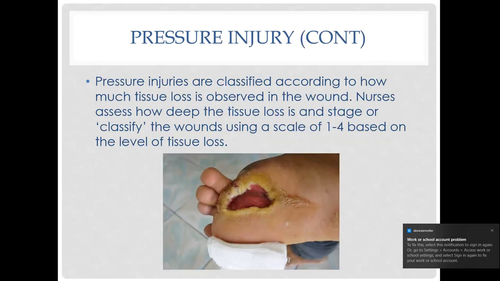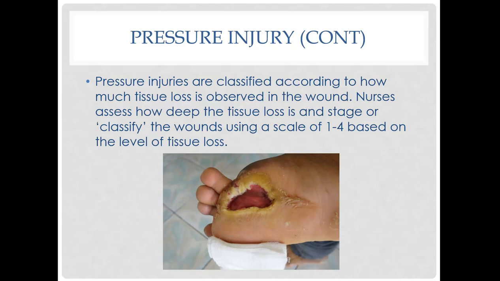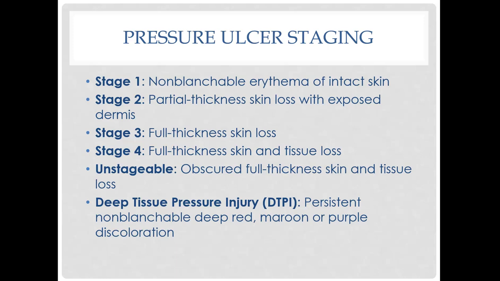Okay. So pressure injuries are classified according to how much tissue loss is observed. Nurses assess how deep the tissue loss is and stage or classify the wounds using a scale of 1 to 4 based on the level of tissue loss. All right, so stage 1 is a non-blanchable erythema of intact skin.